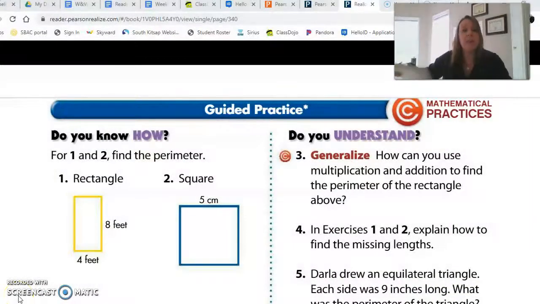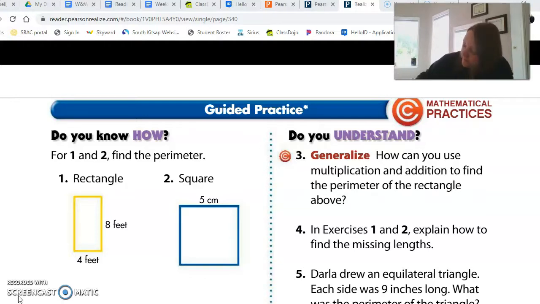All right, number 2. Now this one only has one measurement, but I know that a square has all 4 sides the same length. So I can say 5 plus 5 plus 5 plus 5. Can anybody think of a different way to write that?